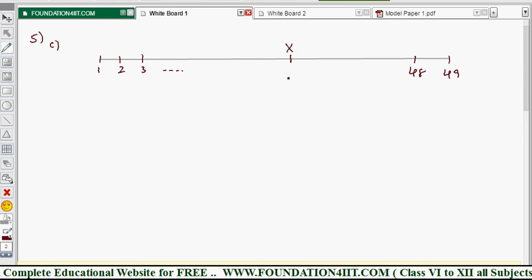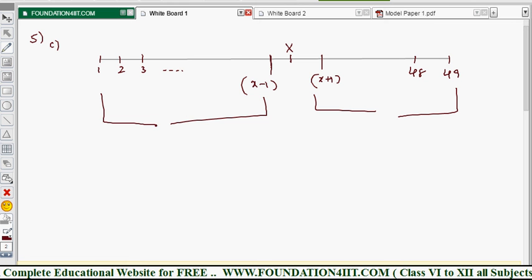From here, preceding numbers means before x, x minus 1, after x, x plus 1, right? So these sums and those sums should be equal. This number sum and that number sum should come out exactly equal.